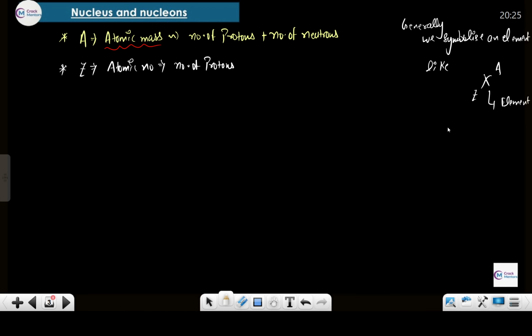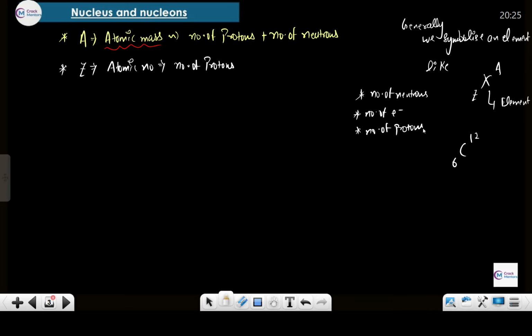If I'm talking about carbon, we know that carbon has atomic number 6 and atomic mass 12. If we need to find the number of neutrons, the number of electrons, and the number of protons, how are we going to determine that?